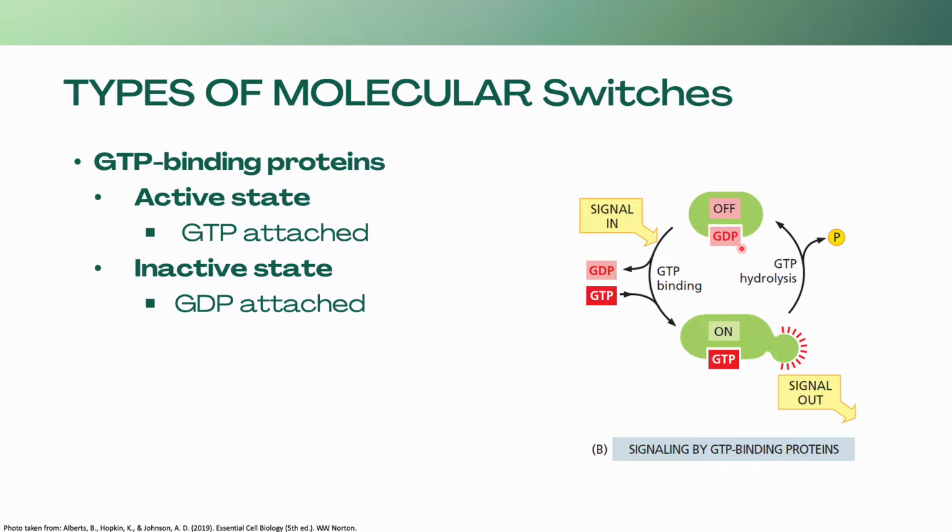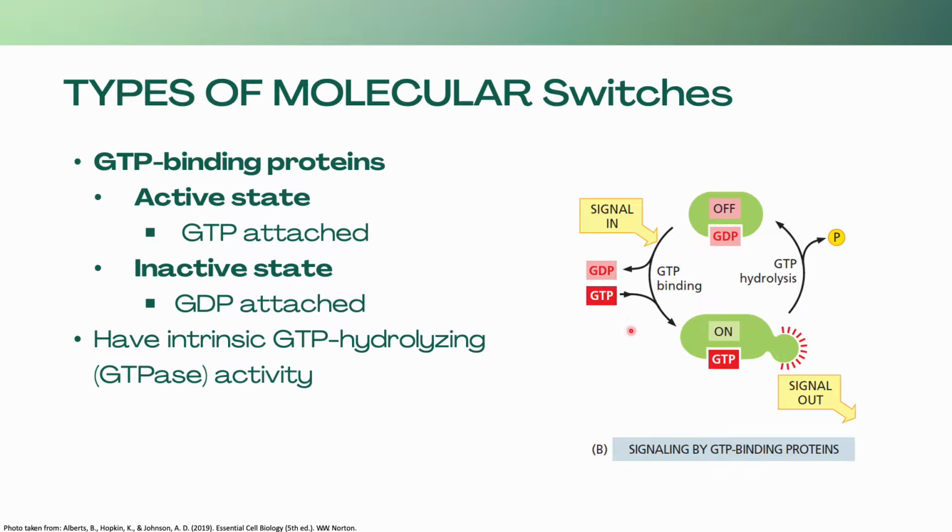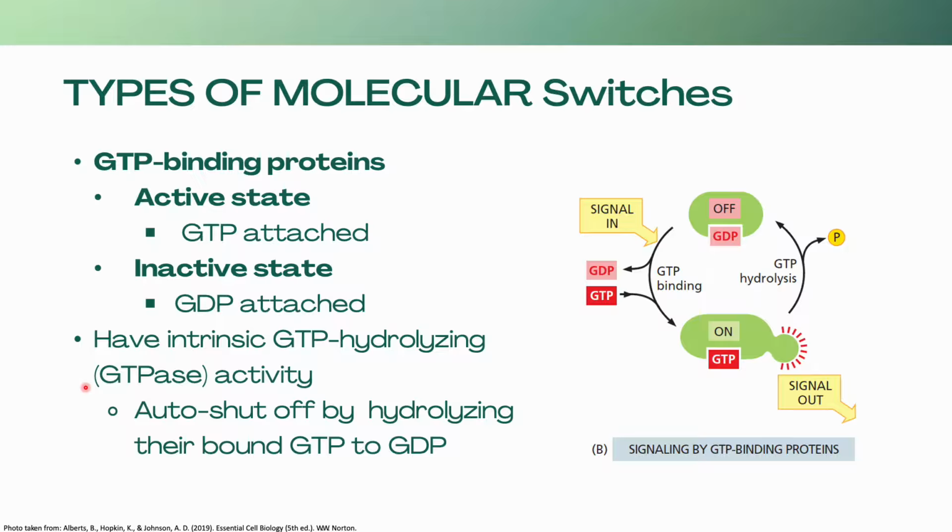One thing that is unique to these proteins is that they have an intrinsic GTP hydrolyzing, or GTPase, activity. This means that it can turn itself off, or do an auto shut off, by hydrolyzing its bound GTP into GDP. So in this figure, we can see the GTP being hydrolyzed and being converted into GDP by the hydrolysis, or the removal of phosphate.